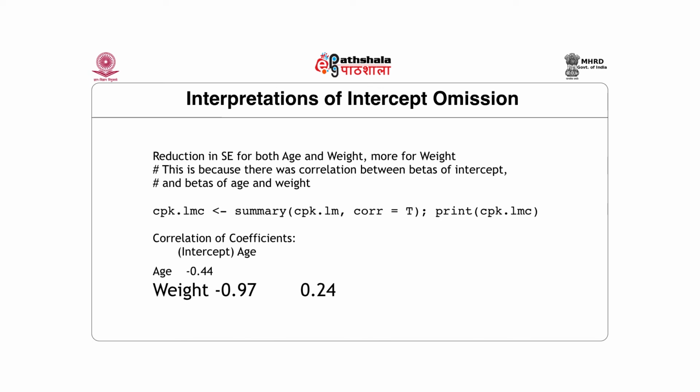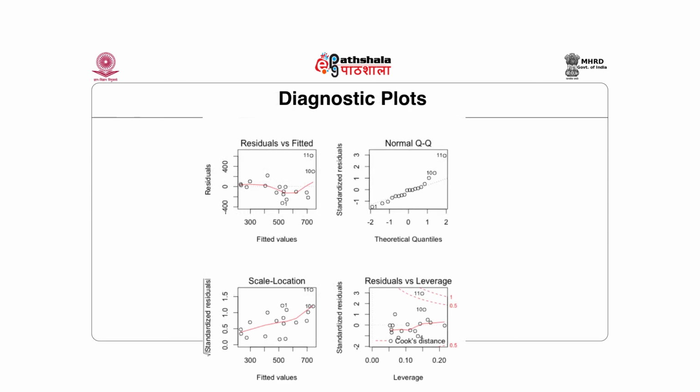So let's take a look at the diagnostic plots, because remember the diagnostic plots tell us quite a bit about the outliers and things like that. You can see here that there seems to be some sort of a pattern in the residuals, so the relationship may not exactly be linear.